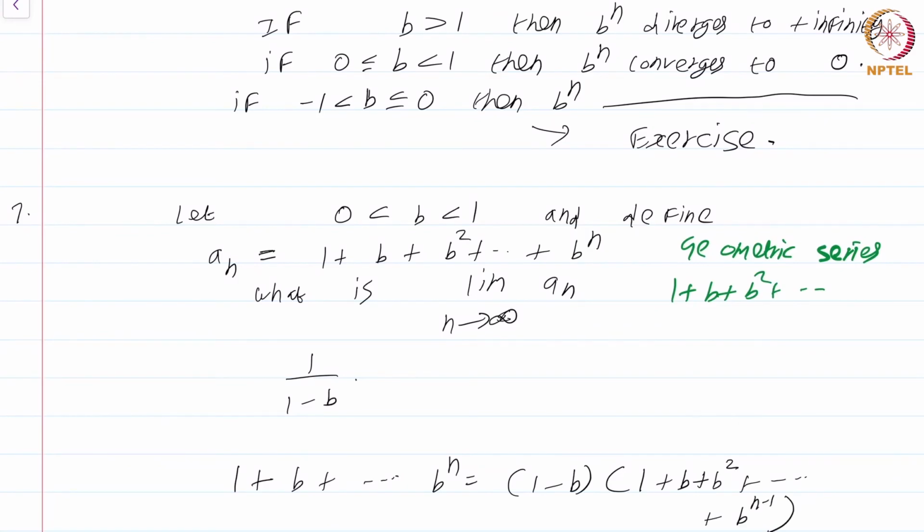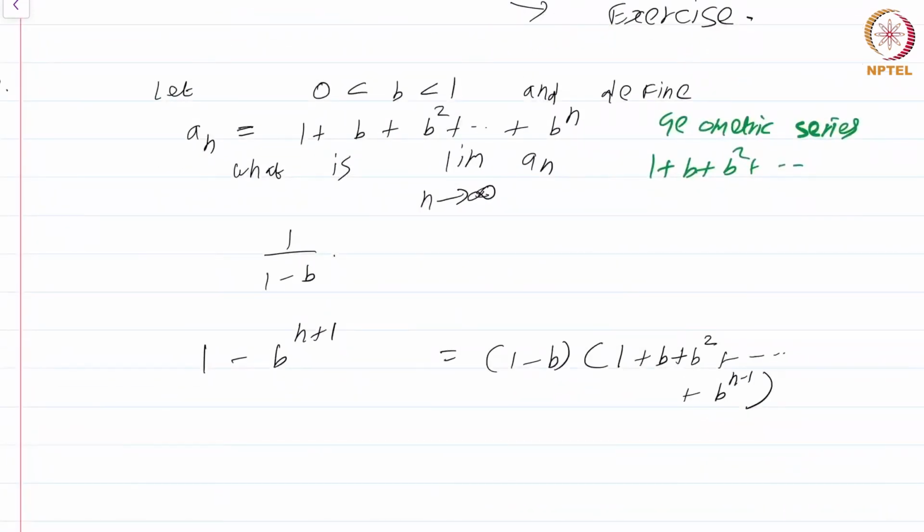Okay, no, I made a slight mistake. What I want to say is 1 minus b power n plus 1 is actually equal to 1 minus b into 1 plus b plus b squared plus dot dot dot b power n. In fact, this is all the way up to b power n.